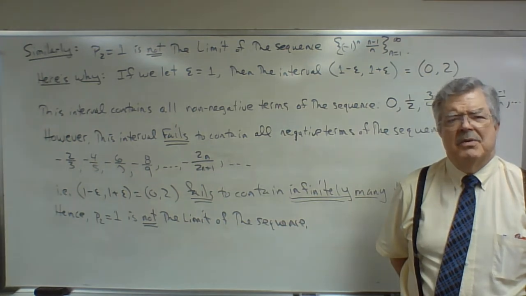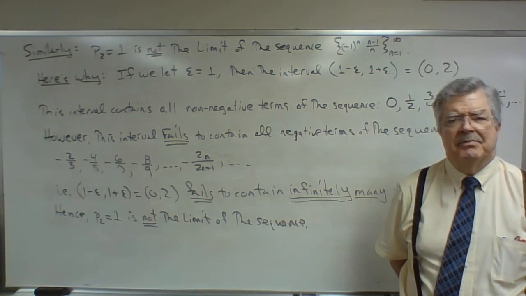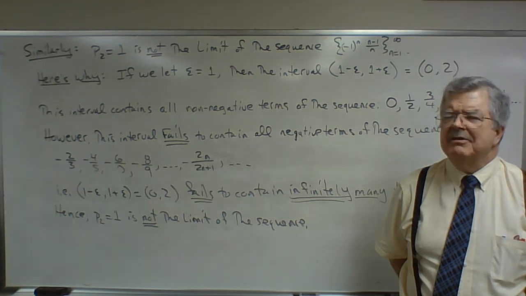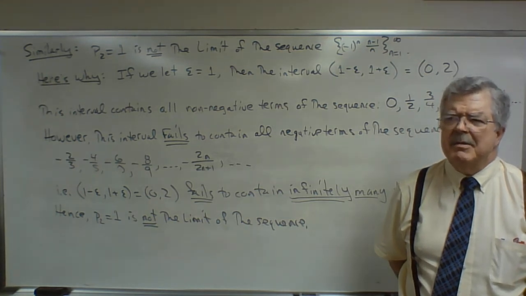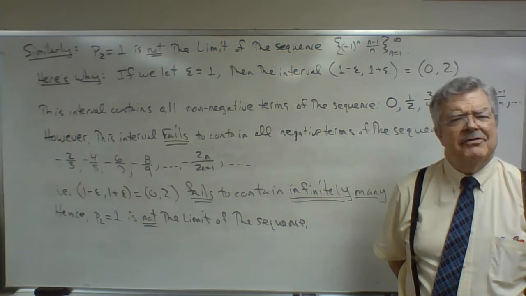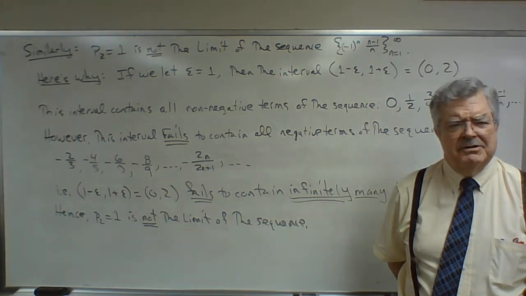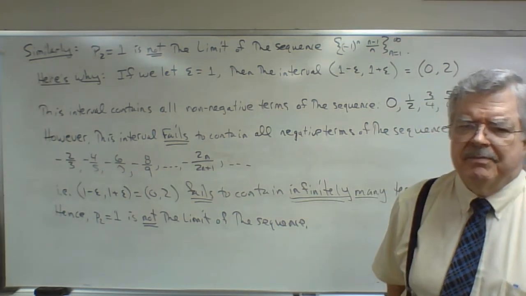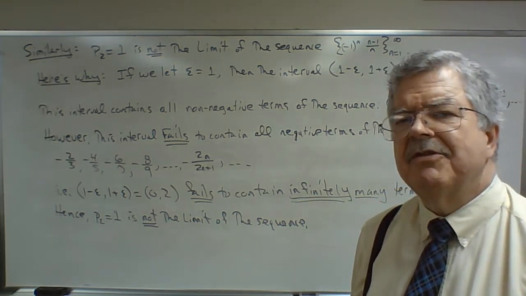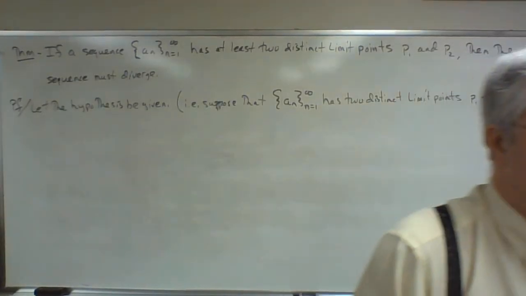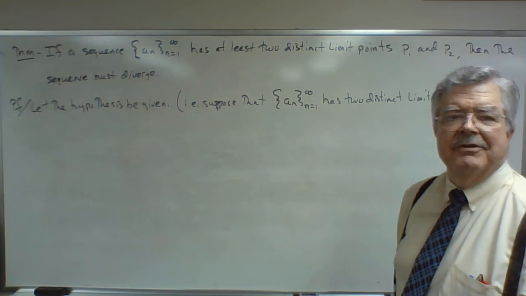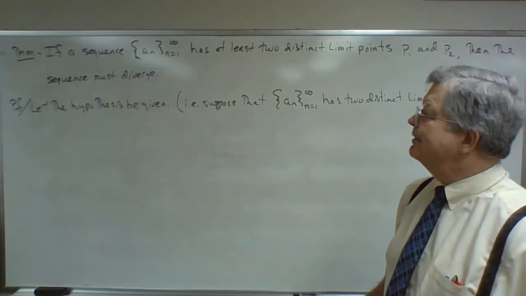Is it true that if a sequence has at least two distinct limit points, that sequence can't converge? It is true. Let's see why that's the case. Okay, here's the $64,000 question.